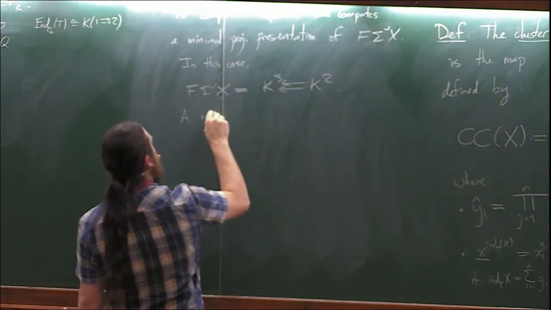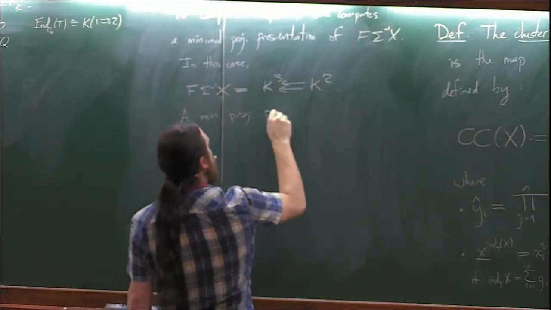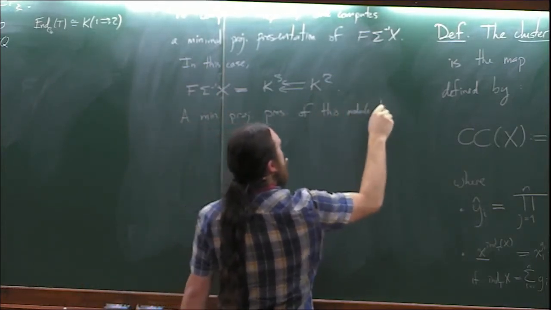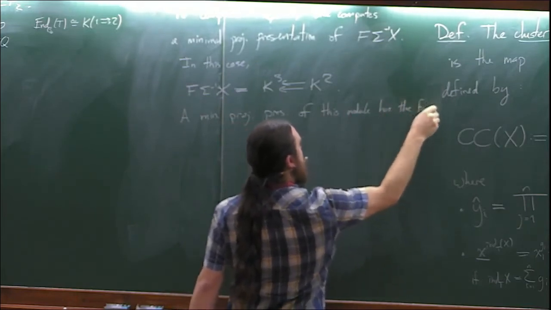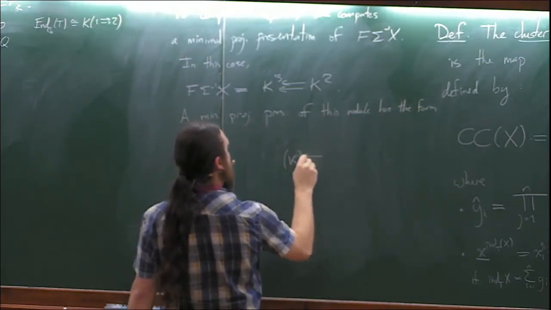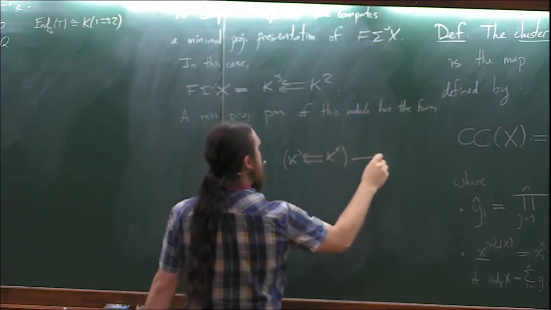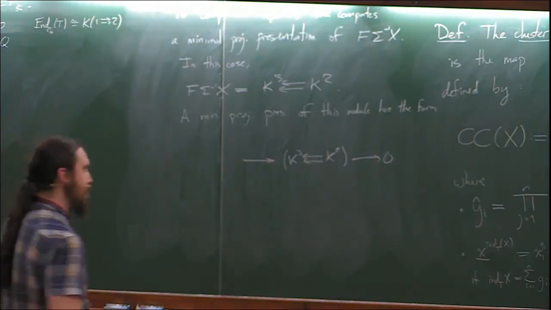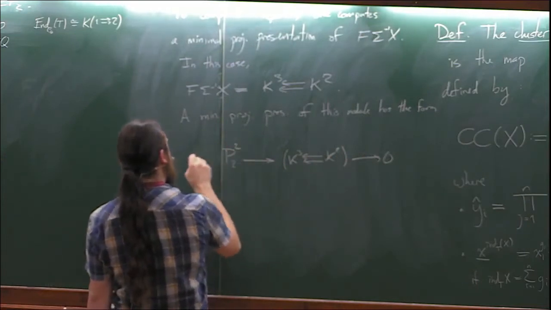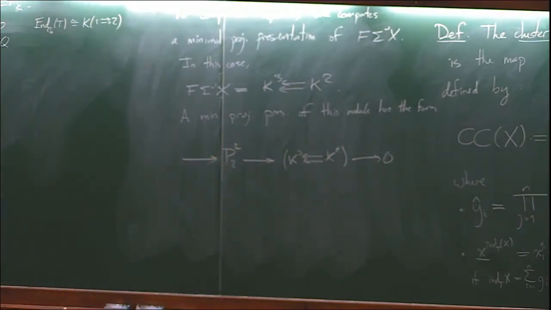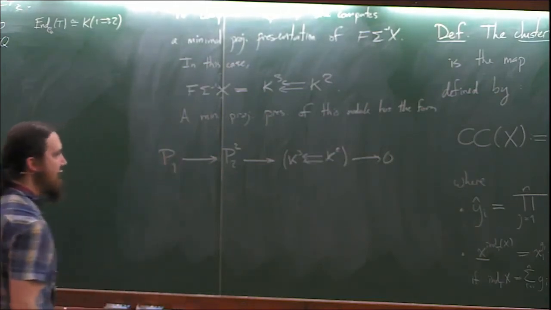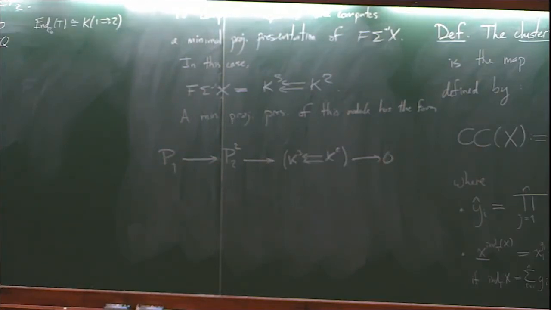And a minimal projective presentation has the form: put the module, and in the first term, the projective cover, are 2 copies of P2. And the kernel is 1 copy of P1. So this is a computation that you should do as an exercise.